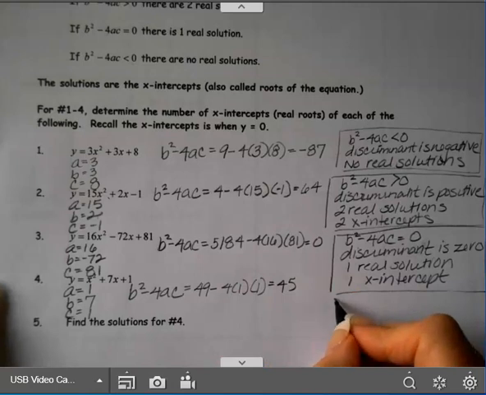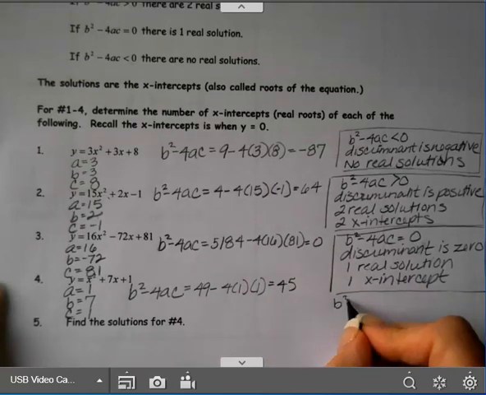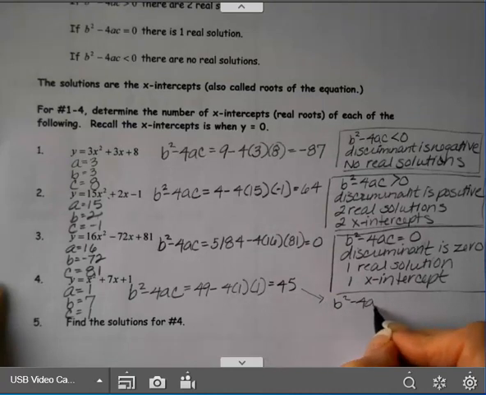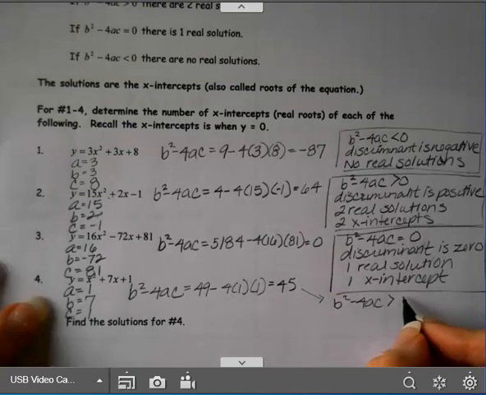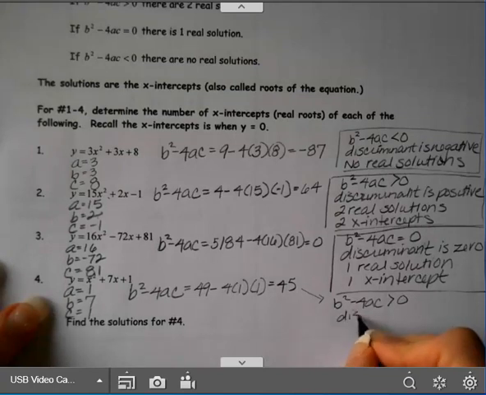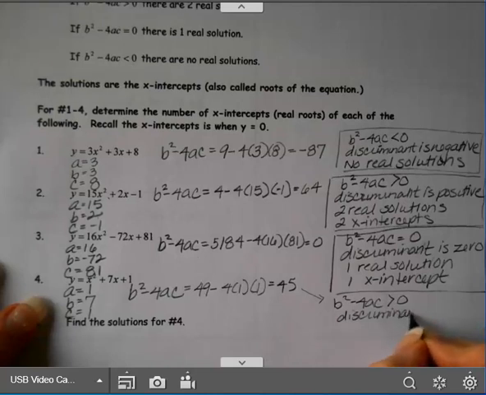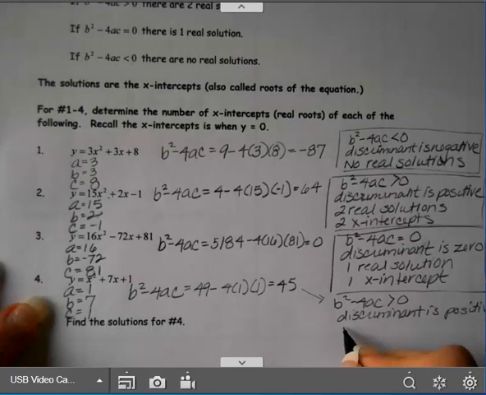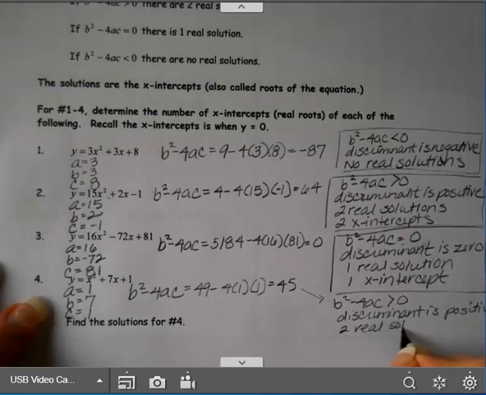And on this one, b squared minus 4ac is greater than 0. My discriminant is positive. There are two real solutions. There are two x-intercepts.